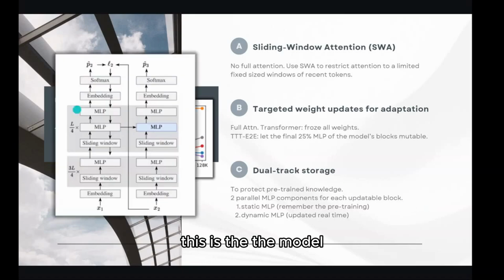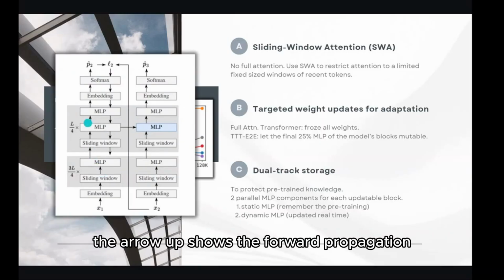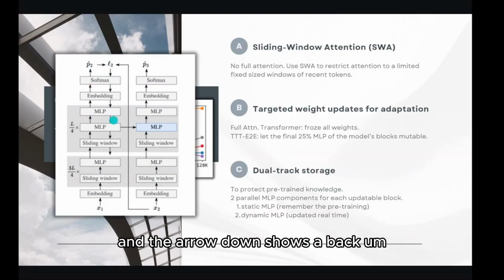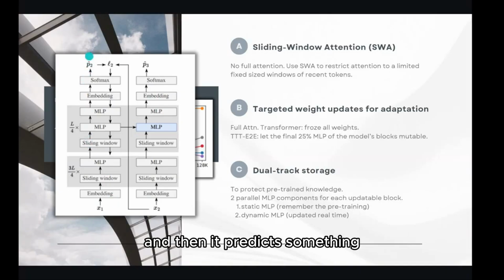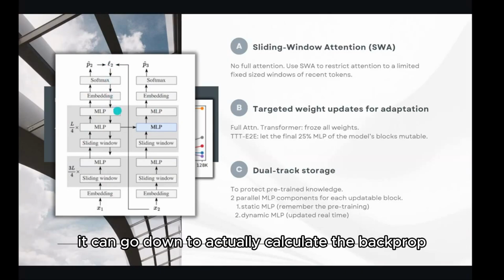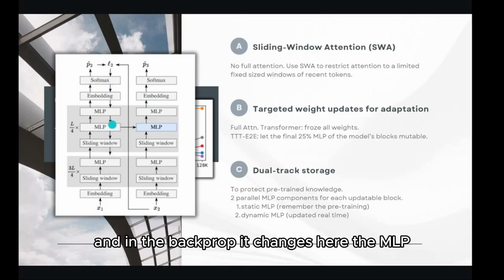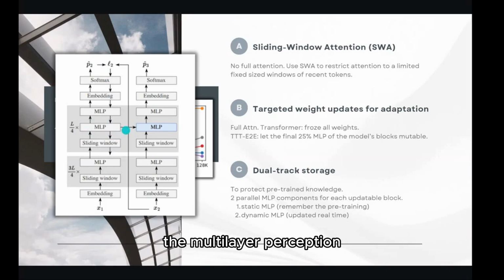So here, this is the model, how it looks like. The arrow up shows the forward propagation, and the arrow down shows the back propagation, right? So the first one, it goes up. X1 is the input. So for example, if you have a document, you can imagine that as a string of input, right? It goes up, and then it predicts something, so P2, and then it gets the loss function, and then from the loss function, it can go down to actually calculate the backprop, and in the backprop, it changes here the MLP, the multi-layer perceptron.